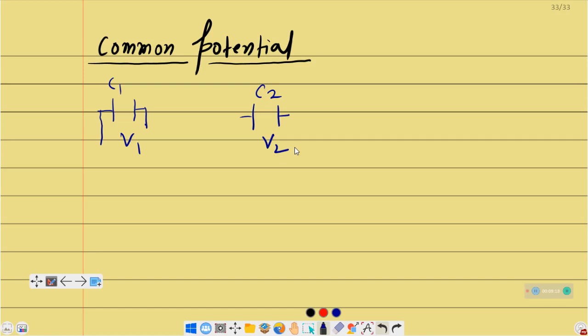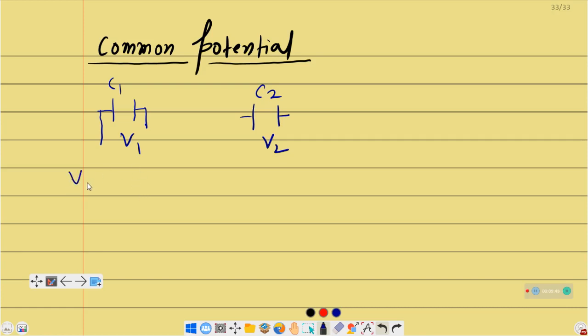Now if you are connecting these capacitors with a conducting wire, the charge flows from higher potential to lower potential. We know that charge always flows from higher potential to lower potential.